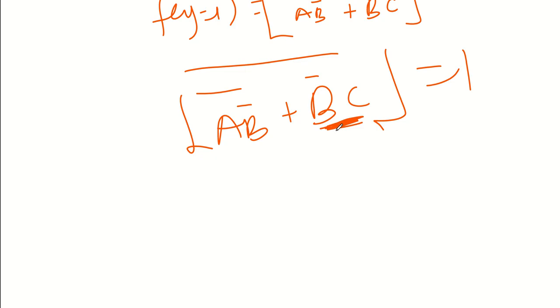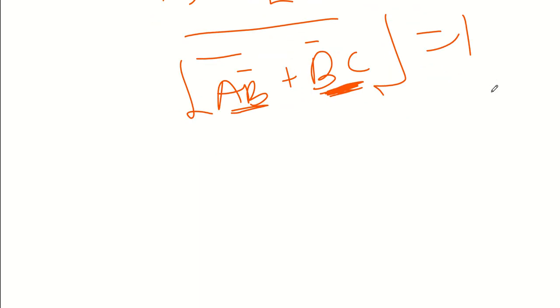So this is what I mean. The only way you can get a 0 in an OR gate is when this one is 0 and this one is 0, so that after inversion you get a 1. Okay, this is just Boolean logic.